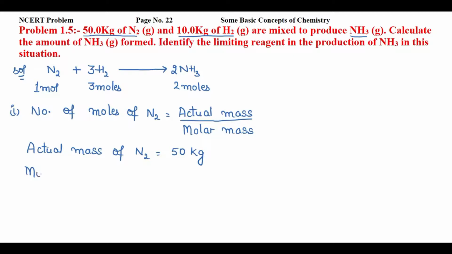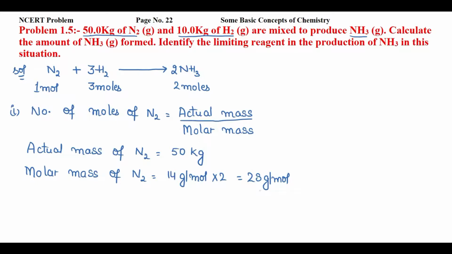Now molar mass of N2 equal to atomic mass of 1 mole of atoms is equal to 14 gram per mole, right? Atomic mass of 1 nitrogen atom, and I'm having 2, so 14 into 2, 28 gram per mole. That means 1 mole of nitrogen molecule is having molar mass 28 gram per mole.